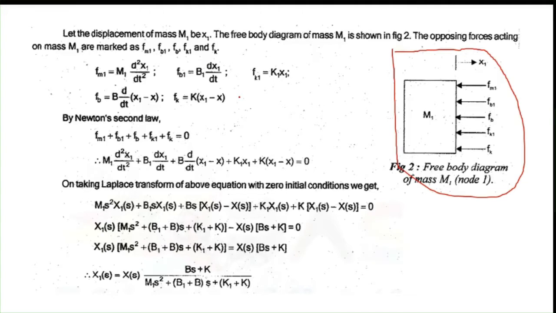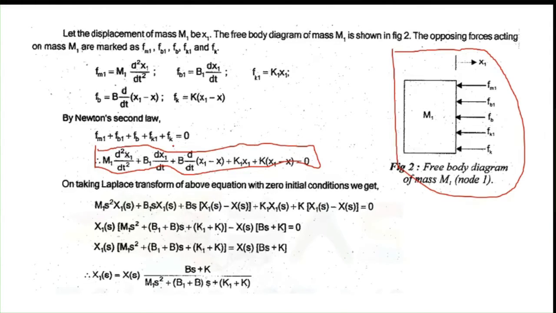Do you have any doubt up to this point, how to identify the free body diagram, how to write the force balance equation, and how to convert it into a differential equation? No, sir. These steps are very simple. If you didn't understand, please do ask me.